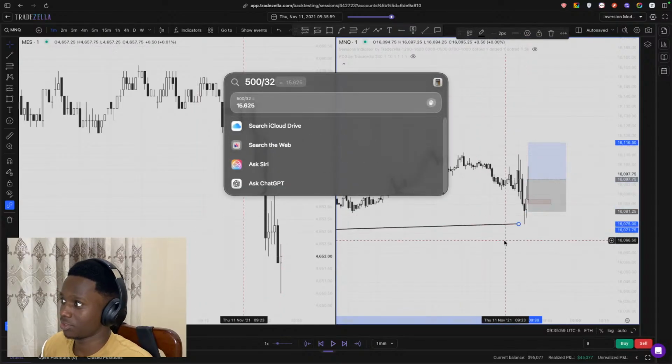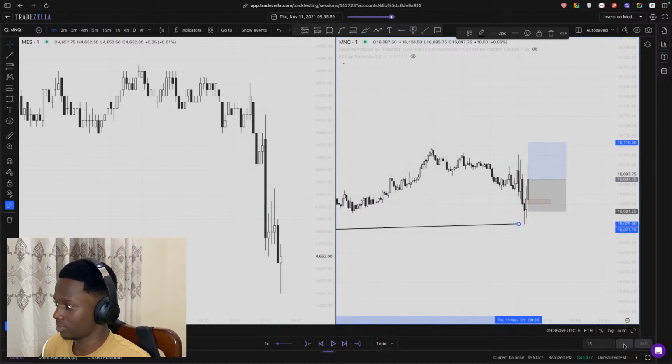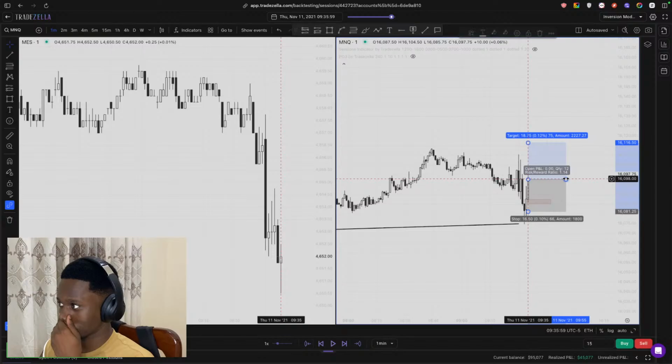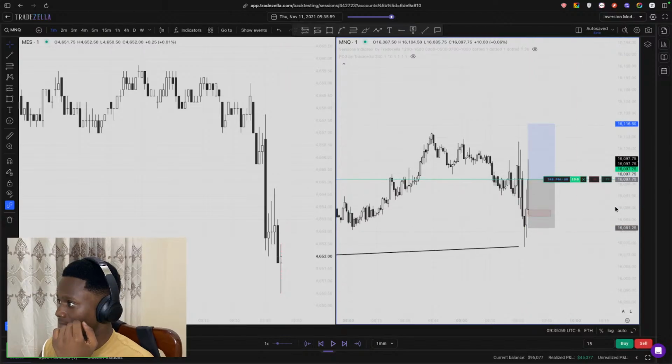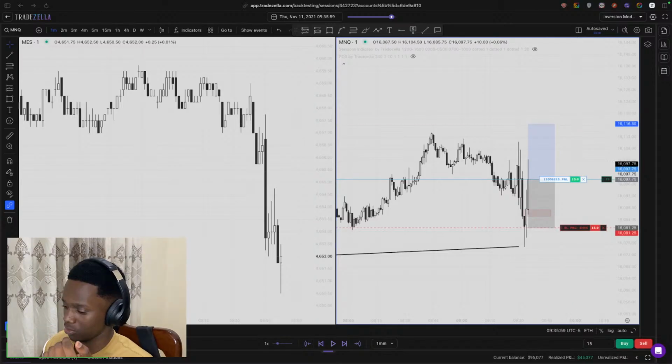So that's 500 over 32, which gives me around 15 micros. So the stop at this low, take profit at this high here. So for us, just a small 1-to-1.